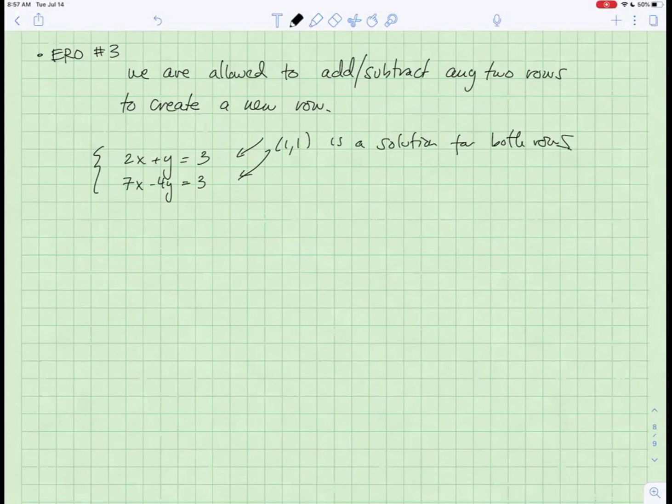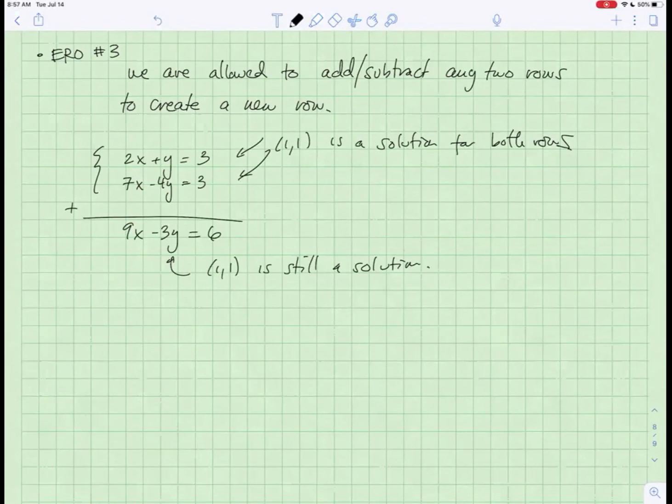No big deal. And if we add these two together, we get 9x minus 3y is equal to 6. But 1 is still a solution because 9 minus 3 is still equal to 6.